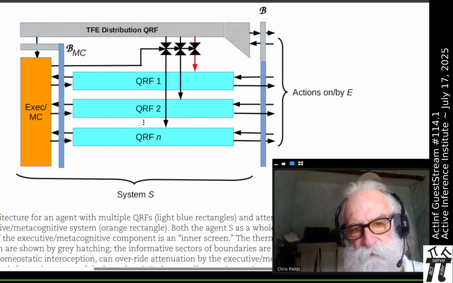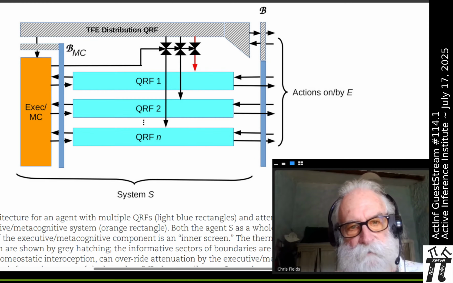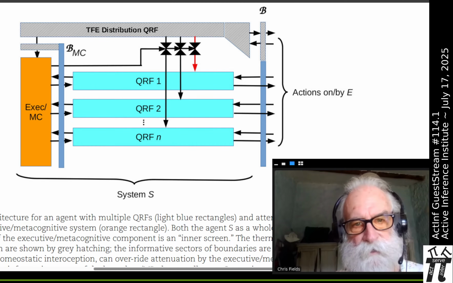So this simple architecture does not encode or support any kind of perceptual experience. It doesn't support visual imagination or inner speech or anything like that.